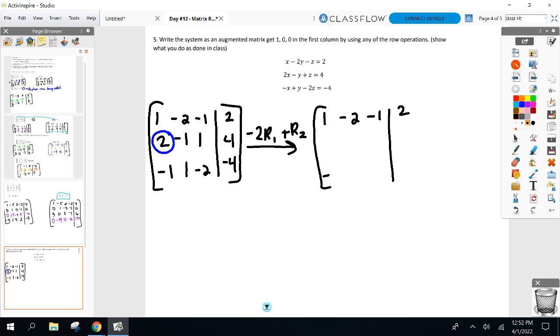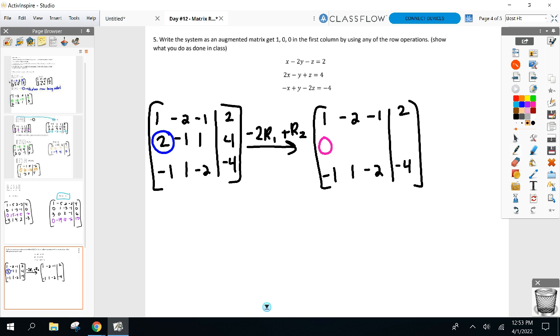Third row is not changing. But I do have to replace row 2 with my new row 2. Just row 2 is getting replaced. So I'm multiplying everything in row 1 by negative 2 and adding it to whatever's in row 2. So here's your 0.